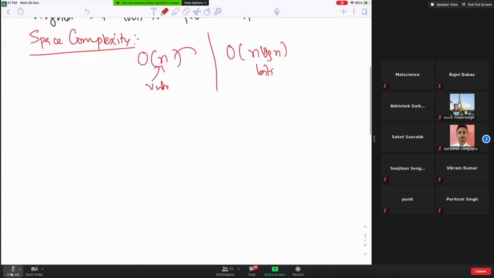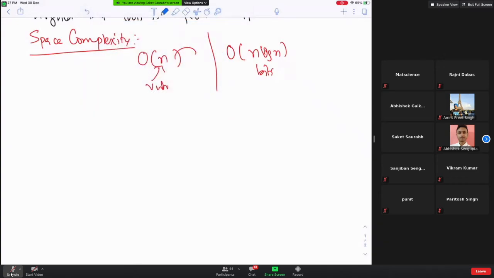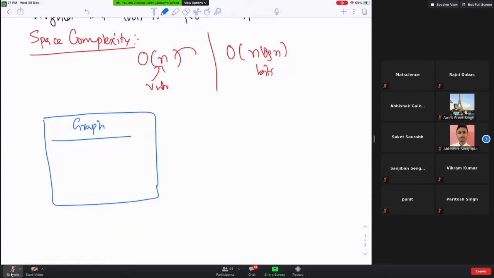Okay. So yesterday Venkatesh taught us the RAM model. So what was the RAM model? Suppose here is a graph given to us, say as an adjacency list.